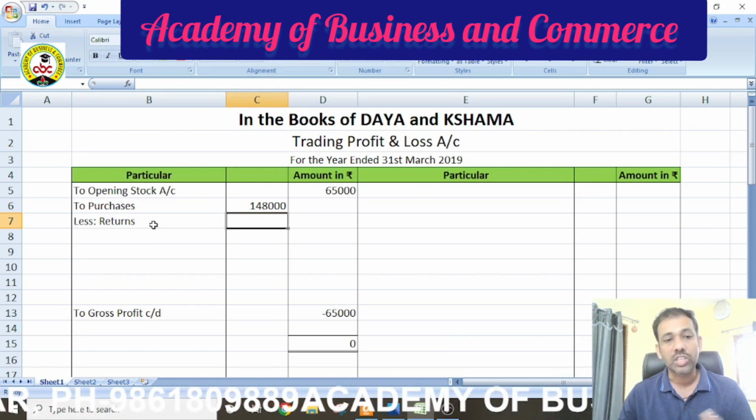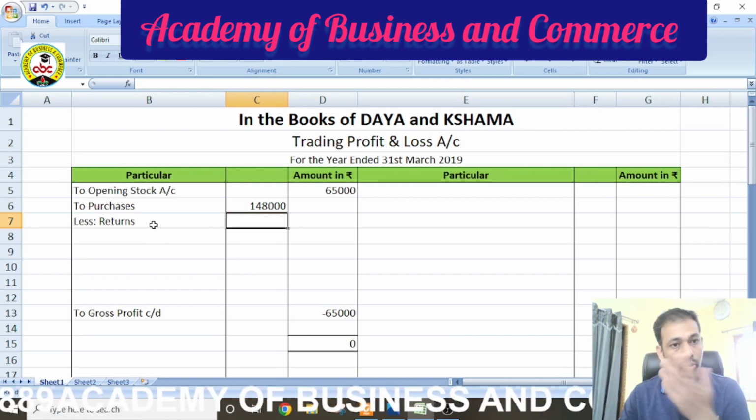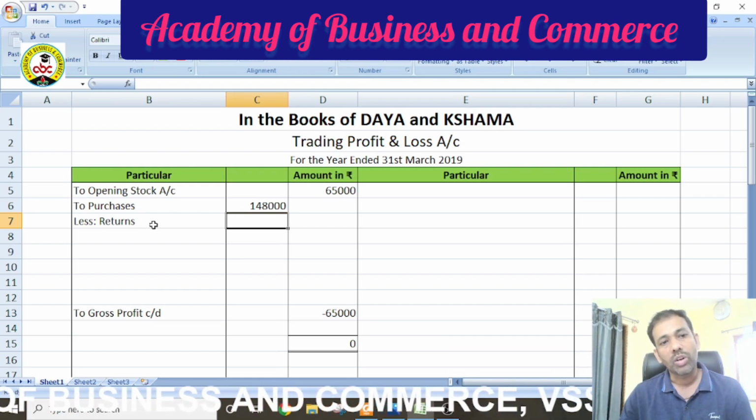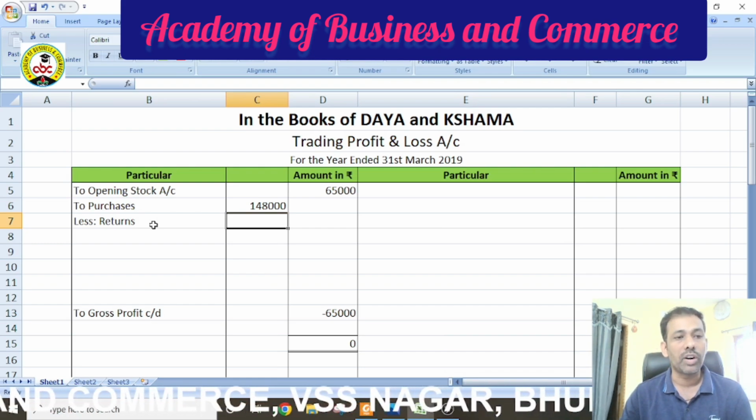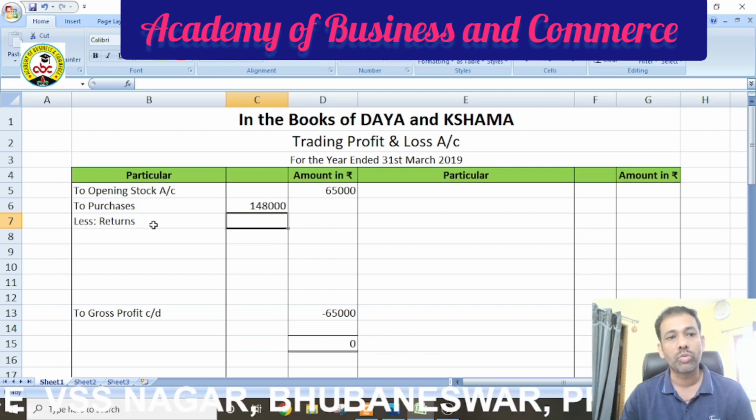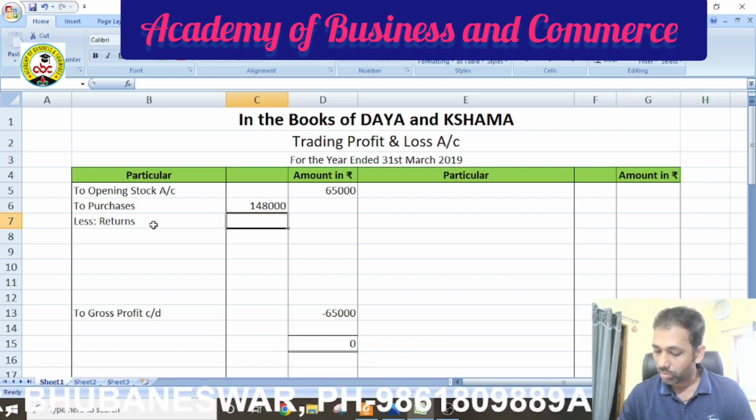When we are purchasing goods, it comes under expenses, so it is on the debit side. Purchase return means after purchasing, we find some defect in our goods or purchase item, so we go for the return, and that is deducted from the purchase amount.